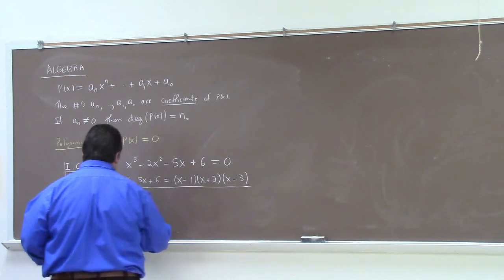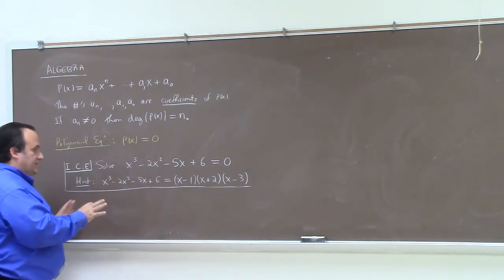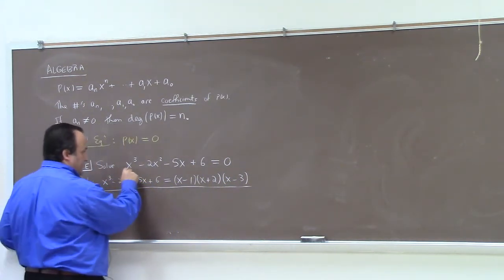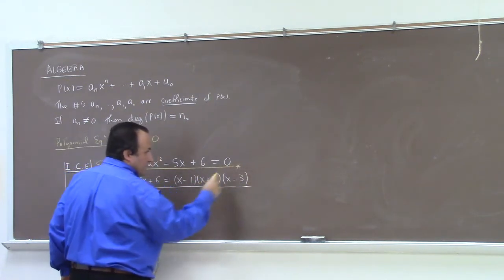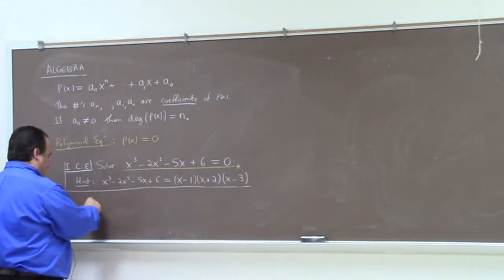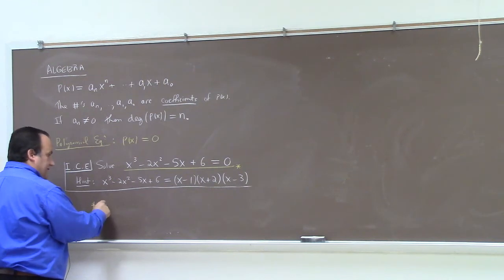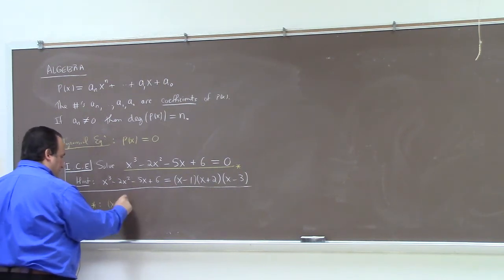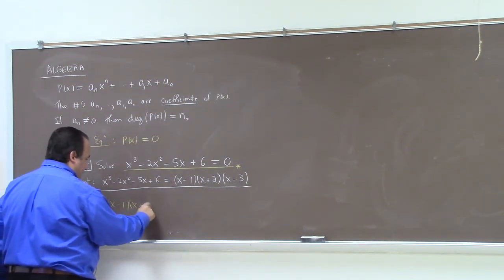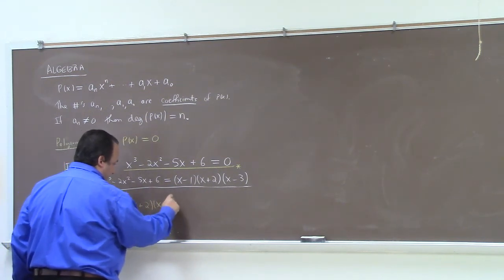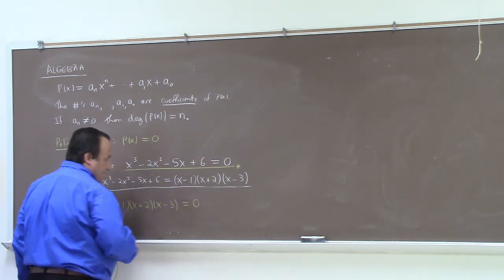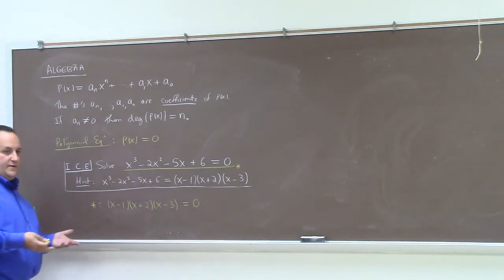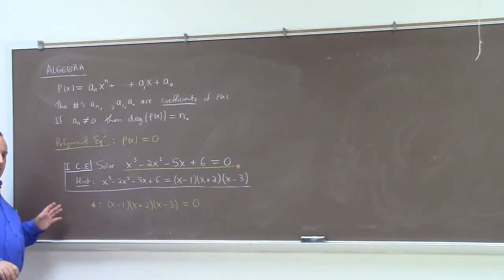So, because if I call this thing star, right? Star can be rewritten as x minus 1 times x plus 2 times x minus 3 equals 0, right? And then we get to use a property of real numbers, which is that if a product of real numbers is 0, it must be that one of the things forming the product is itself 0.